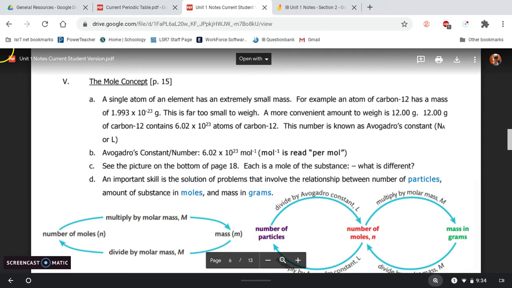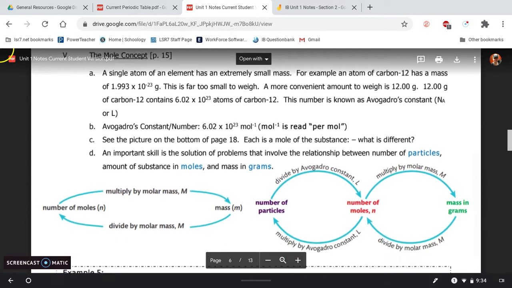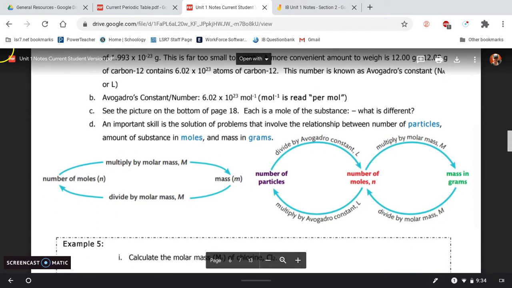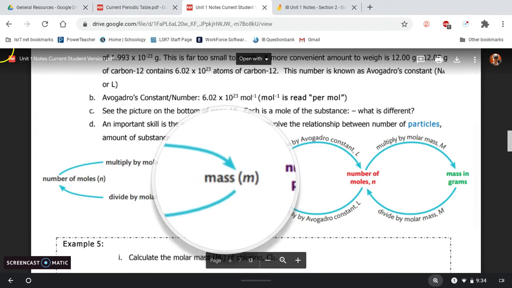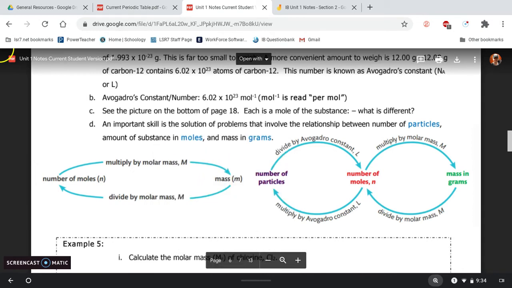Okay, so if you look down here in the notes, I've got these diagrams, and these diagrams are showing you that over on the left, if you want to go from moles to grams, you're going to use molar mass, which is your periodic table number. So you might want to write over here on the left: molar mass, that's, hey, go get your periodic table number, use that.